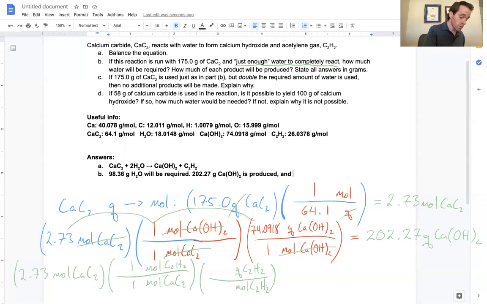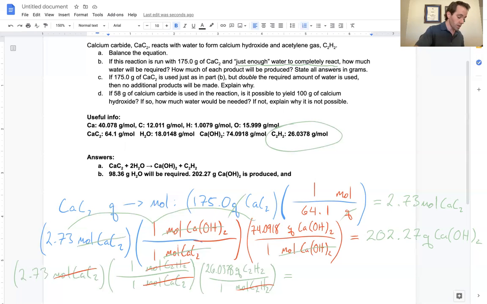Let's see. So now we need the molar mass of the acetylene. We got that up above. It's right here. 26.0378 is the same as 1 mole. The units cancel very nicely.